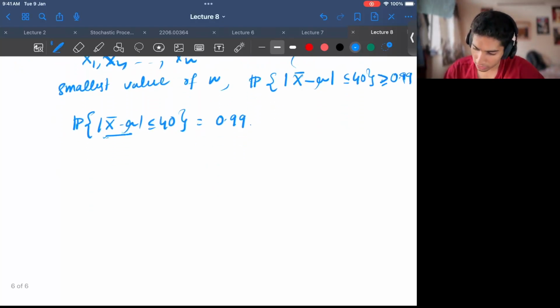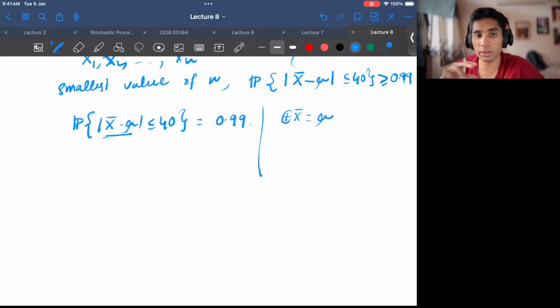So you know that the expected value of x bar is equal to mu. So mu is already subtracted from this, so it's a zero mean random variable. Now you have to make the variance to be one, so you look at the variance of x bar.